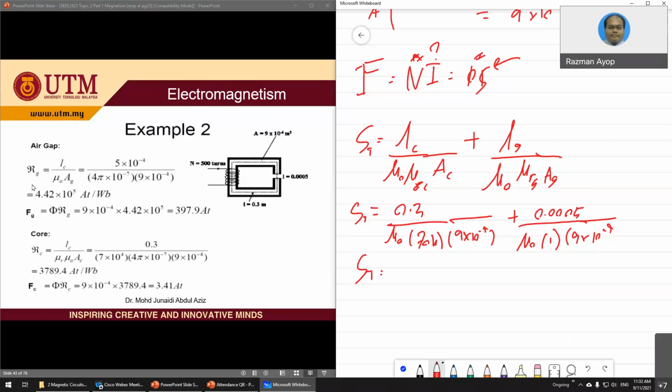For this case, they use separately. They find the F gap first because you have the flux, right? So no problem for this, also can. But if you already find the F total, also can. Let me calculate this first. Use your calculator, practice it.